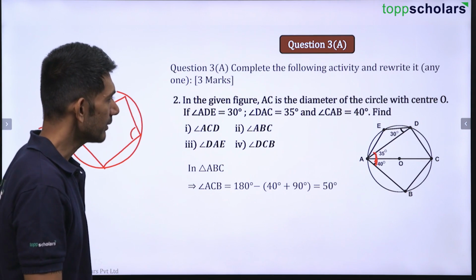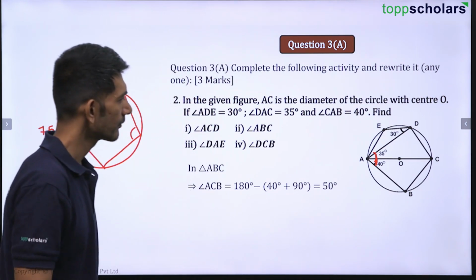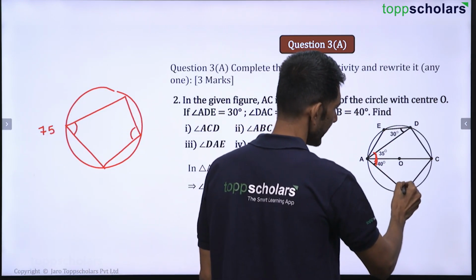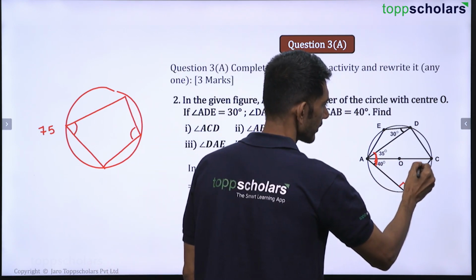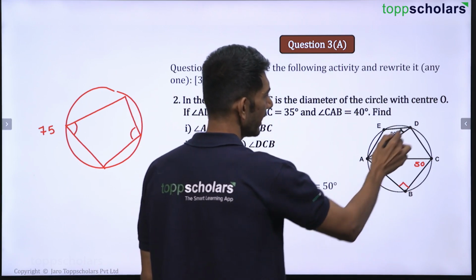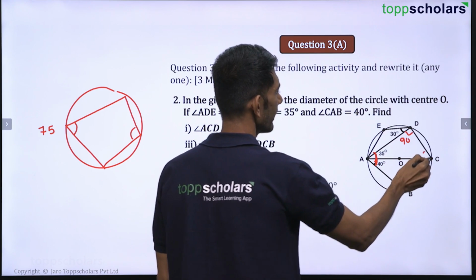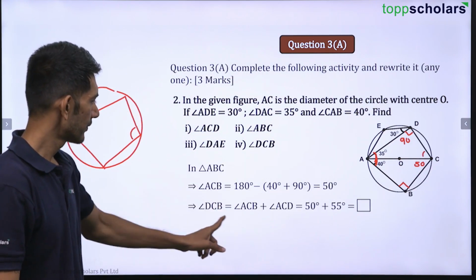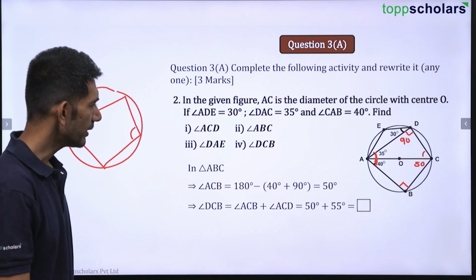So angle ACB. Firstly, what they are doing is, they are calculating angle ACB. So ACB, this is 90, this is 40, so this is 50, correct? Similarly, ADC, this is 35, this is 90. So can we calculate this? Yes, we can do that. So DCB will be equal to ACB plus ACD.